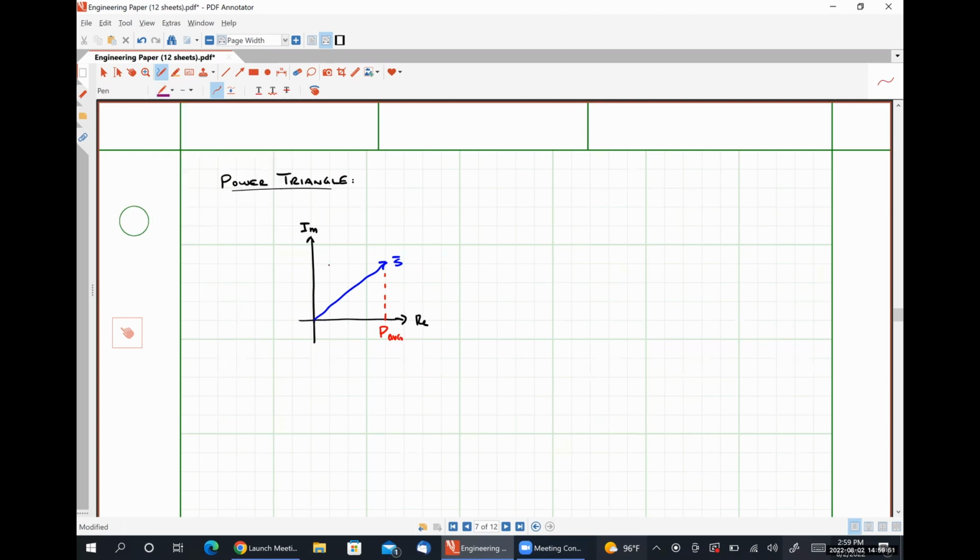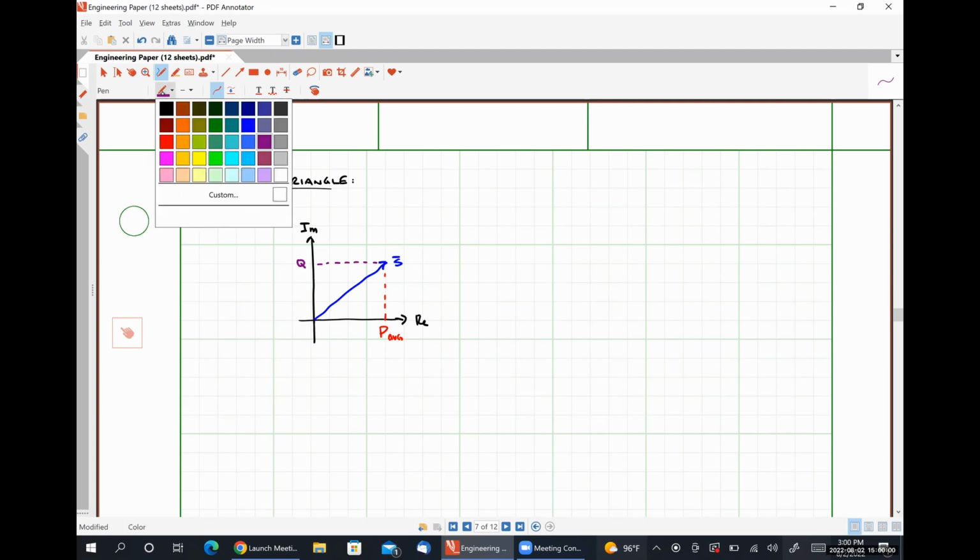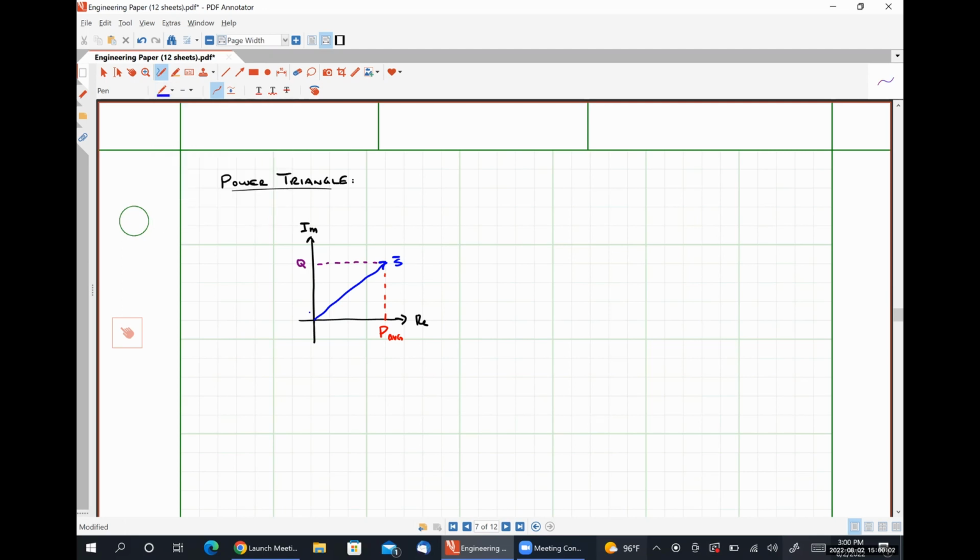The projection of S onto our imaginary axis is our reactive power. The length of this vector is our apparent power, and the angle formed with the real axis is our power factor angle.